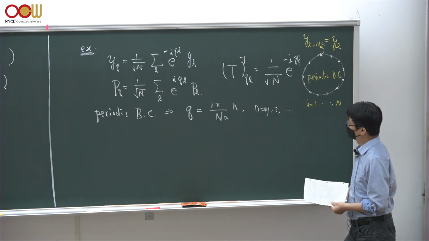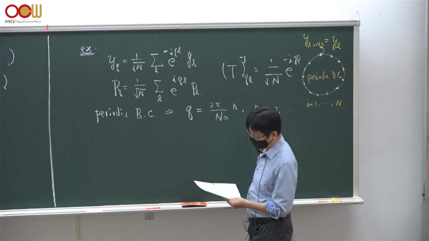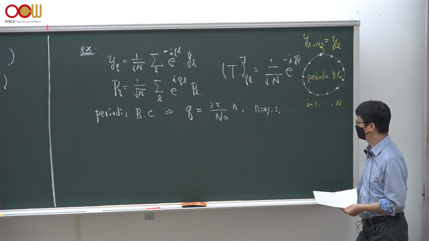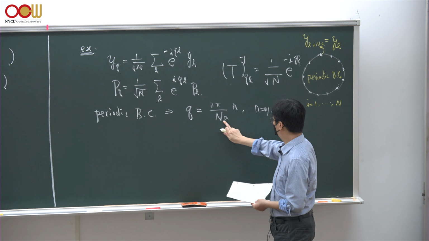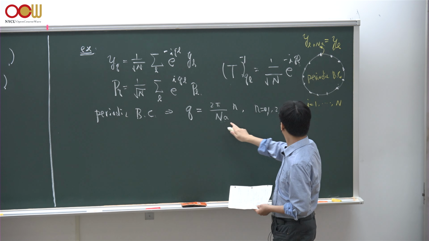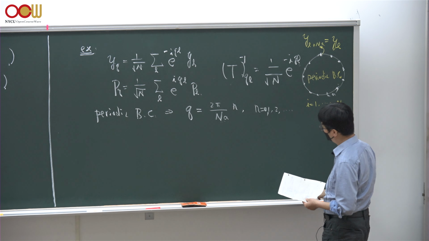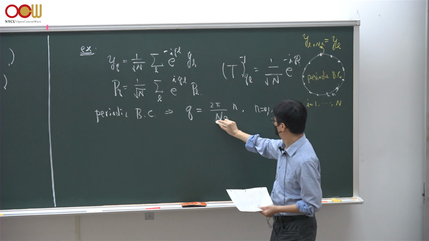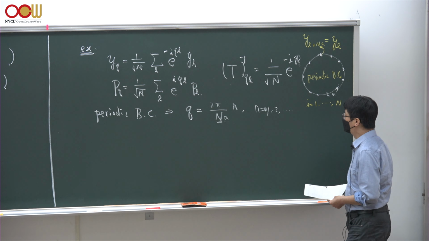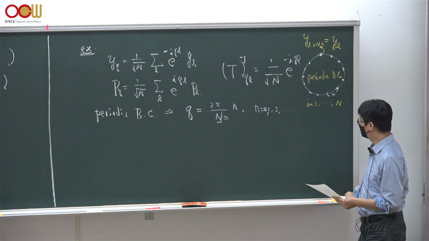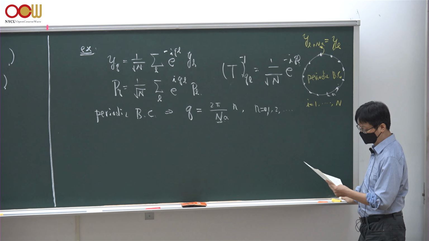As a result, this Fourier variable Q is quantized, and the value is 2 pi n divided by capital N times A, where A is the lattice constant, capital N is the number of atoms, and little n is the quantized value, running from 0, 1, 2, all the way to infinity.